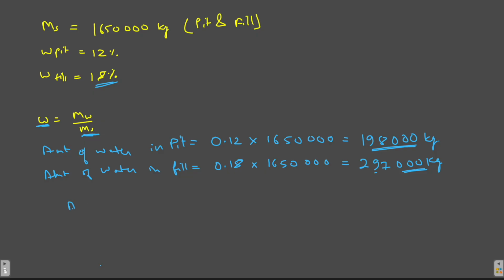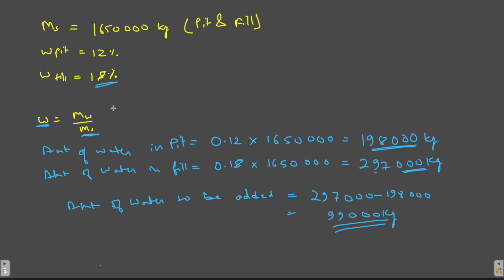So the amount of water to be added is 297,000 minus 198,000. You subtract these and you'll get the answer. So it's 99,000 kg. This is the amount of water you have to add in order to make the water content of the fill 18%.